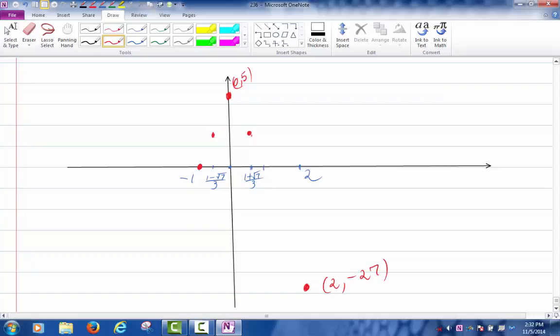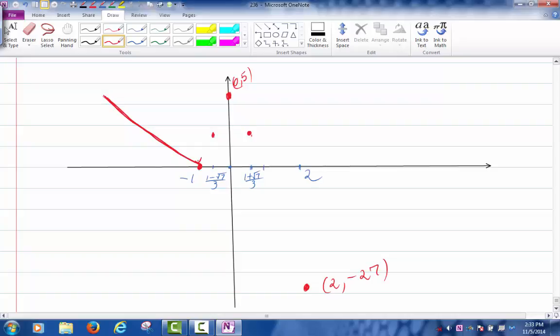Decreasing from infinity, right? Remember, as x goes to negative infinity, the value of the function goes to infinity. We saw that last time. So the graph is coming down from infinity like this, and it is concave up until negative 1, right? You guys are okay with that?